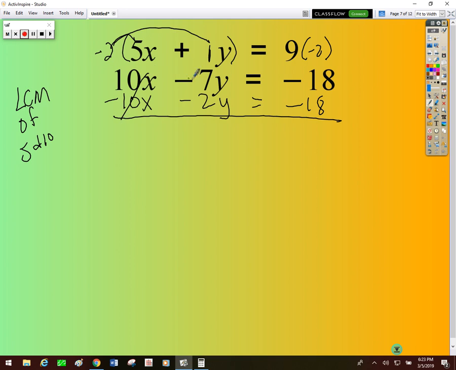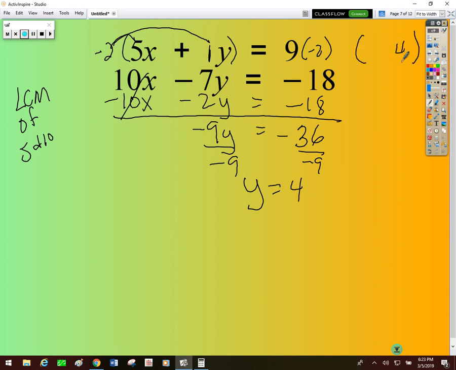All right, so negative 7 minus 2 is negative 9y. Negative 18 minus 18 is not 0, guys. Remember, it's negative 36. Okay, and then if I divide by negative 9, I should get y is equal to negative 36 divided by negative 9, which is a positive 4. So my y value is 4.